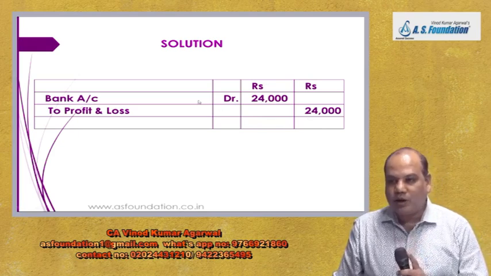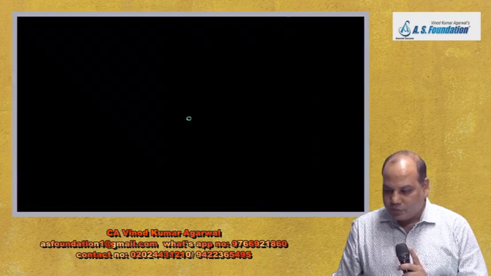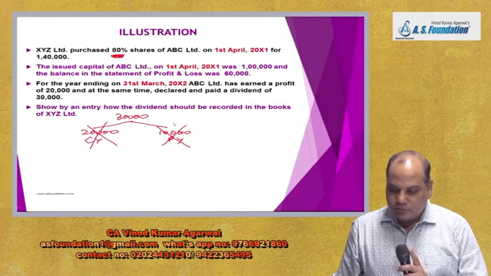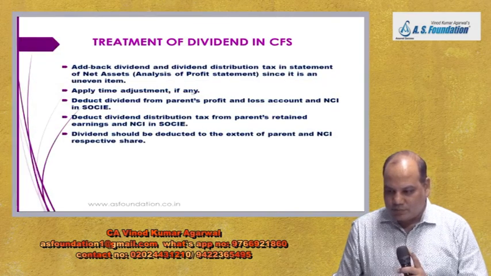No need to make adjustment in investment account even if the dividend is paid out of previous year profit. Okay. So that is about entry in the books of investor.